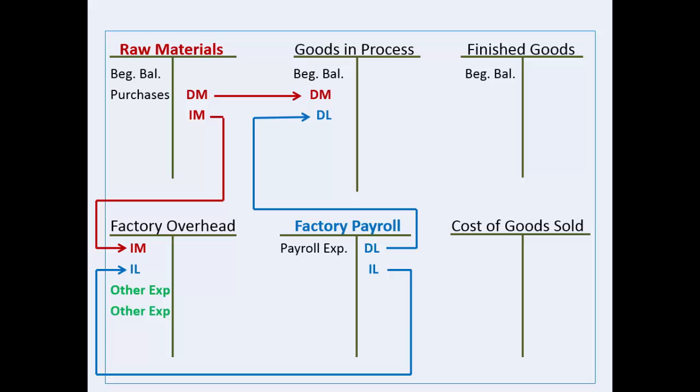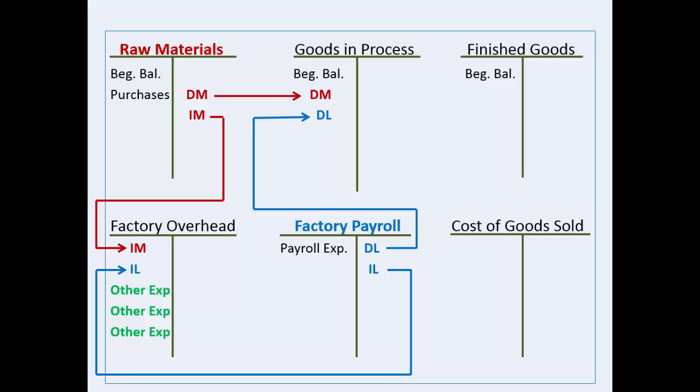And for other expenses, you could have depreciation expense, you could have utilities expense, but if it's a product cost, it's called factory overhead. So instead of depreciation expense and accumulated depreciation, I will debit factory overhead, but I'll still credit accumulated depreciation.